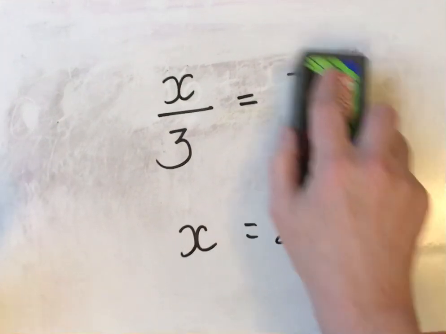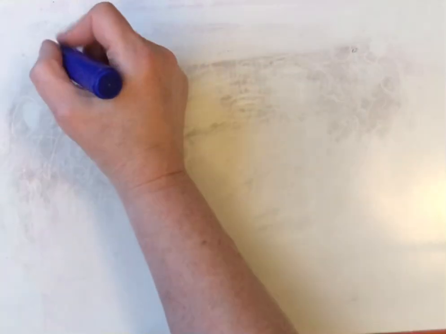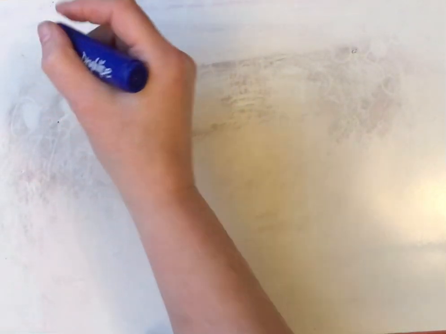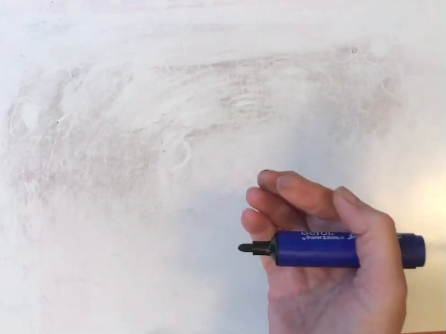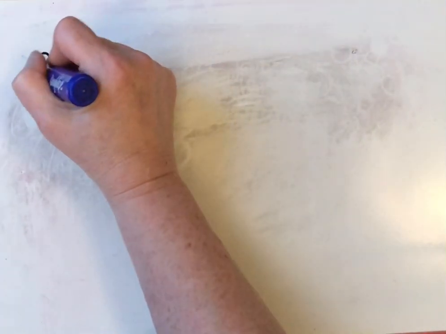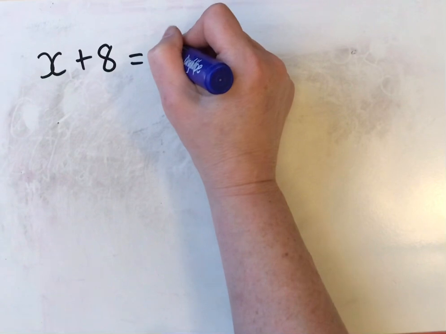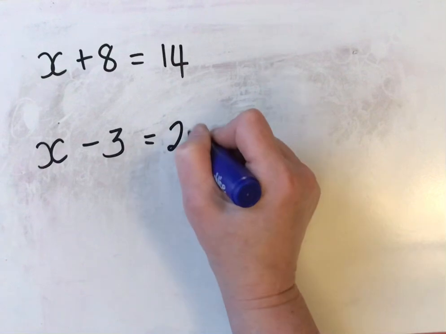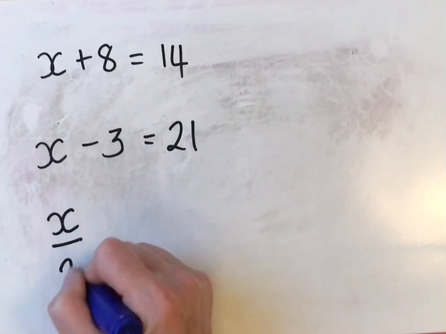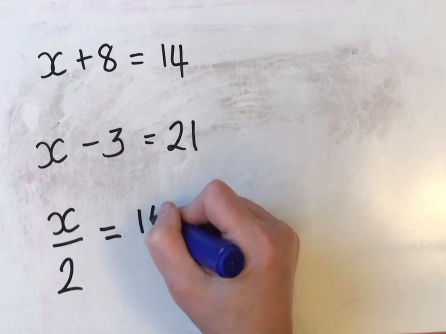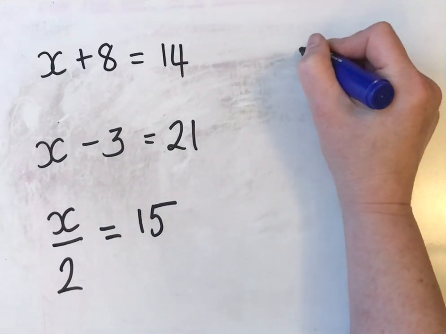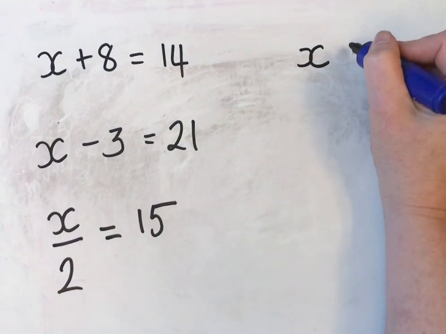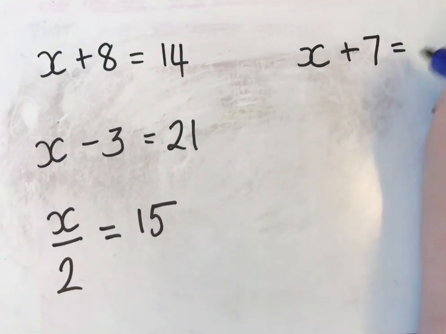Right, I'm going to write some one-step linear equations for you to have a go at, and I would then pause the video and just have a go. Some of you might find, especially if you're good at your times tables, that you can actually do these before I even press pause, but let's have a look. So we've got x plus 8 equals 14, x minus 3 equals 21, x divided by 2 equals 15, x plus 7 equals 1.